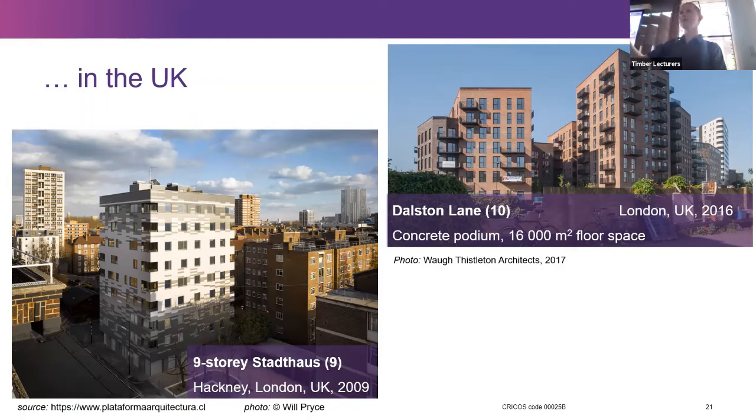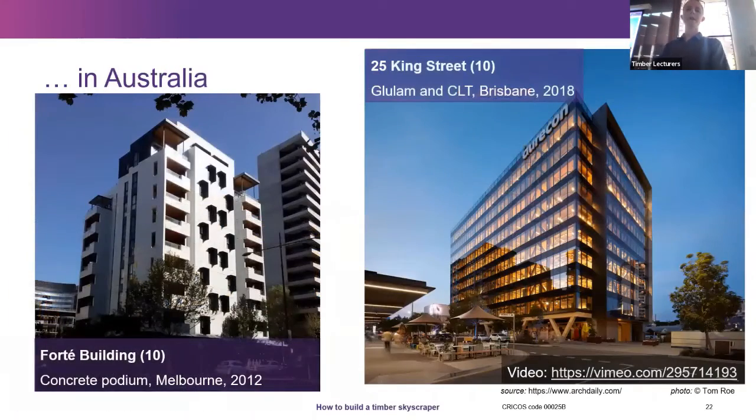One of the biggest buildings is this big apartment block in London, which has just enormous floor space. But in Australia, I've showed before the Forte building. You can walk around it in Melbourne, 25 King Street. So some of you have been inside the building, I'm assuming.